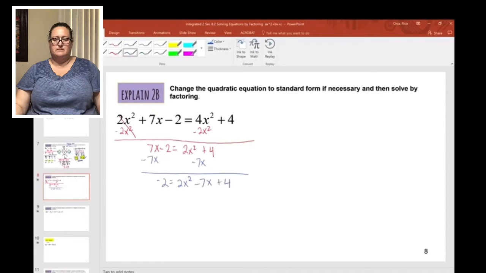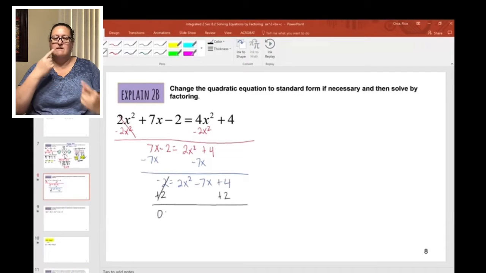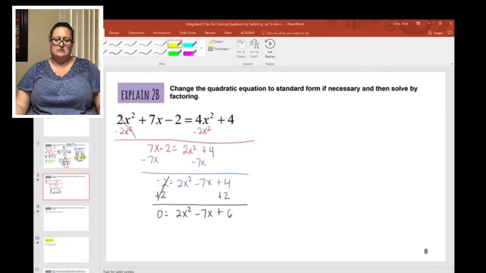Don't combine the 2x squared with the 7x because they're not like terms. So now we want to add 2 to both sides. And that's finally going to give me 0 is equal to 2x squared minus 7x plus 4 plus 2 is 6. So now that our equation is finally equal to 0, let's go ahead and identify a, b, and c.